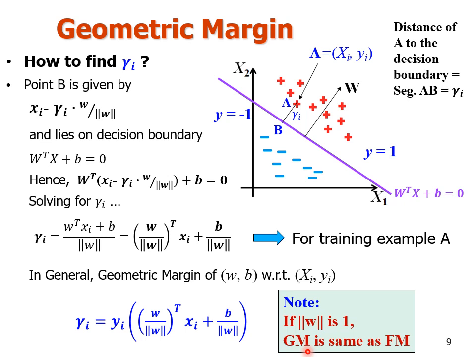That is, if we replace W with 2W and B with 2 times B, then the geometric margin remains the same, or it does not change. Due to this, we can impose an arbitrary scaling constraint on W without changing anything important. This will help us in dealing with optimization. We are going to talk about this later.